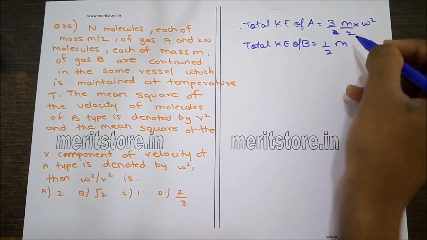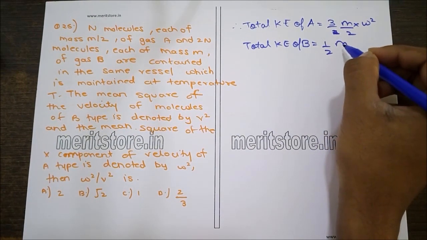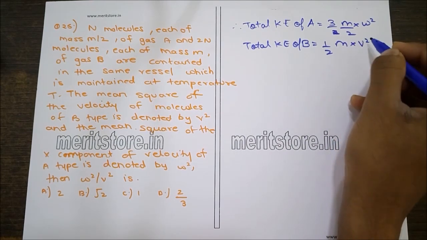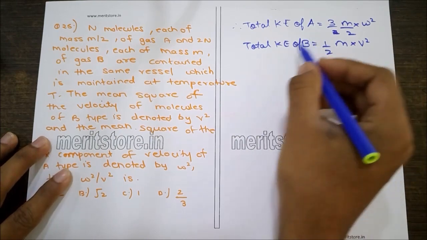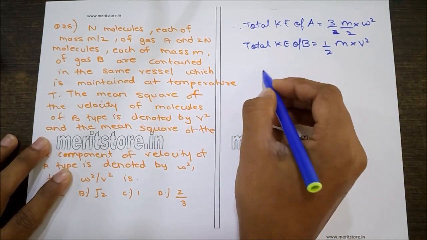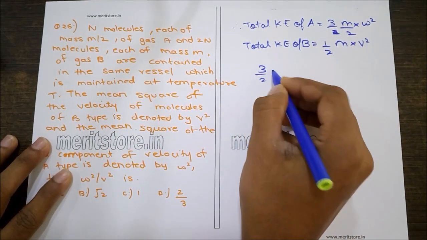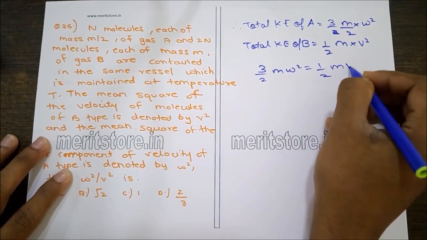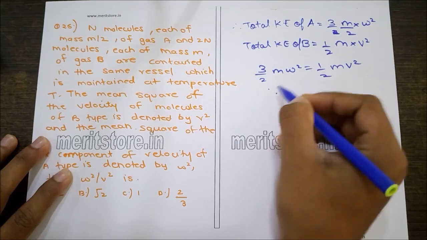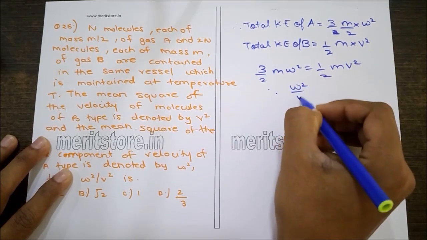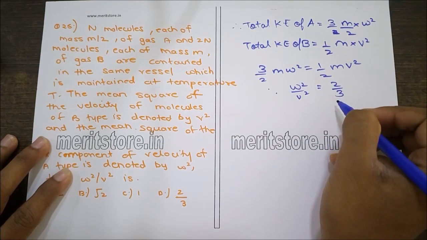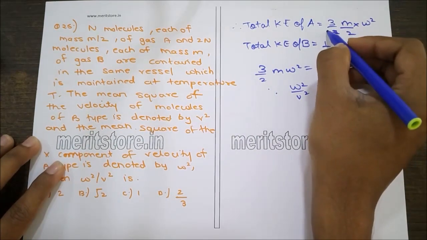So the mass of the gas B is m and velocity is given as v square. Now equating these two relations, we get 3 upon 2 m omega square is equal to half m v square. So from this we get omega square upon v square is nothing but 2 by 3.